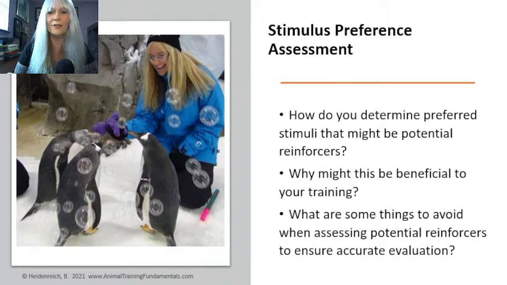Like my third question there, when you're trying to evaluate, what are some of the things that you've noticed that make it challenging to determine whether they like one more than the other? Because we'll explore that question a little bit.